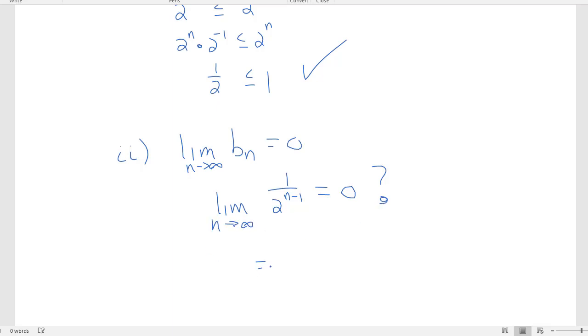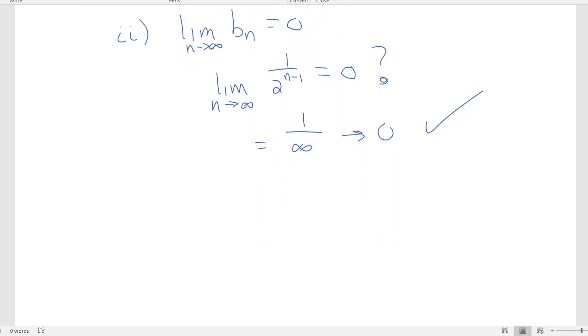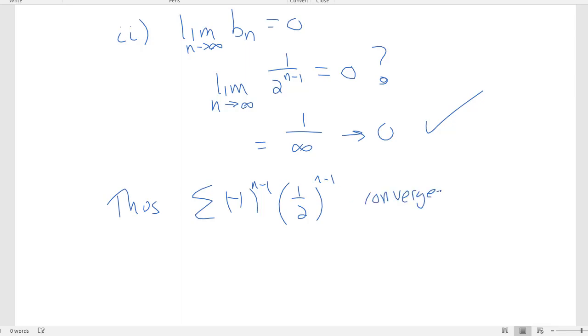The numerator is staying constant, and this exponential term in the denominator is going to infinity, so these are definitely going to 0. Check mark. Because we have met both of the conditions, my series converges by the alternating series test. So thus, the sum of (-1)^(n-1) times (1/2)^(n-1) converges by the alternating series test.